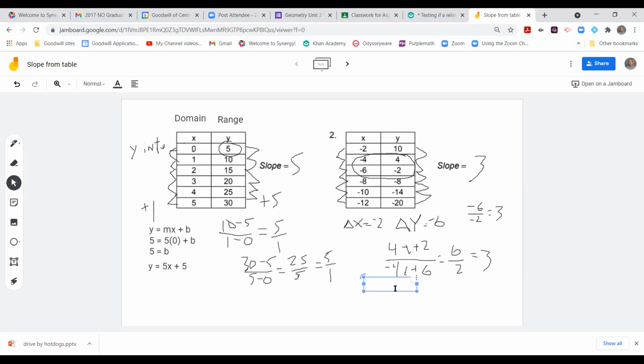So that's when you go back to y equals mx plus b and start substituting. I'll use the first one, 10 for y, substitute that, the first ordered pair. Slope is 3, x value from the point, -2, plus b.